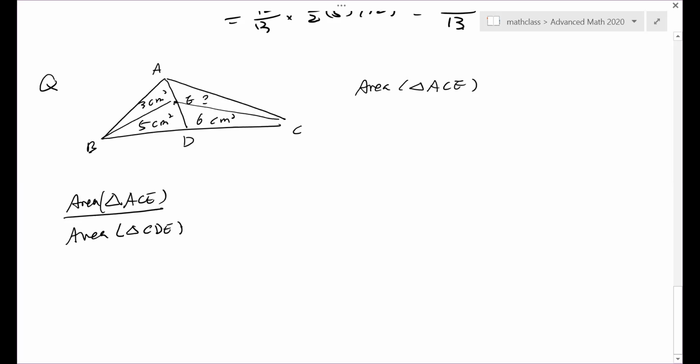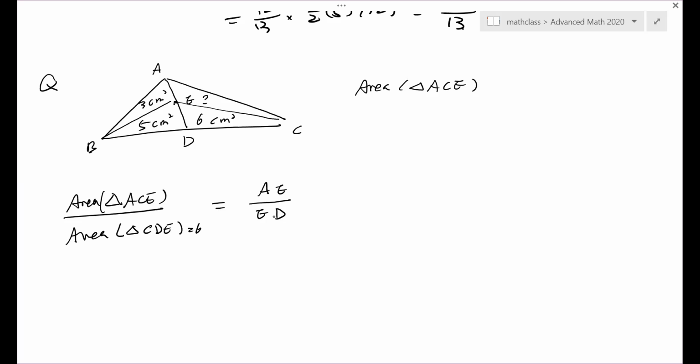The 2 triangles on the right hand side, which is given, this is already known to be 6, and that should be equal to the ratio of these 2 sides. We don't know the exact length, but we don't even know the ratio.